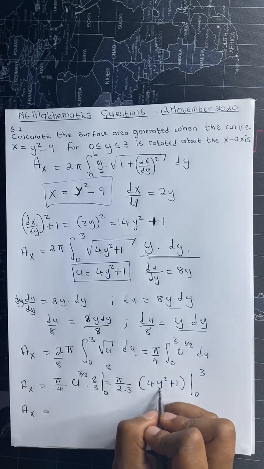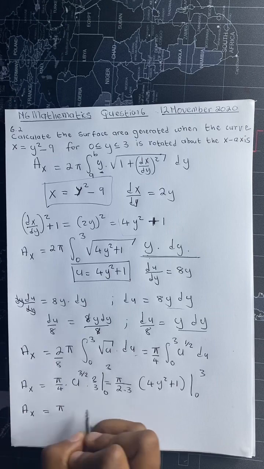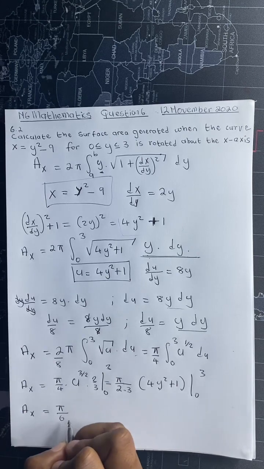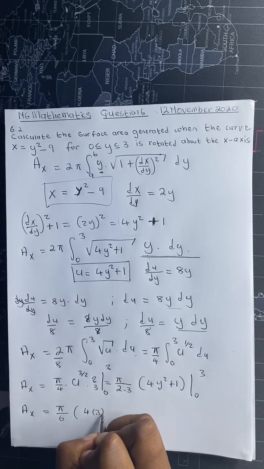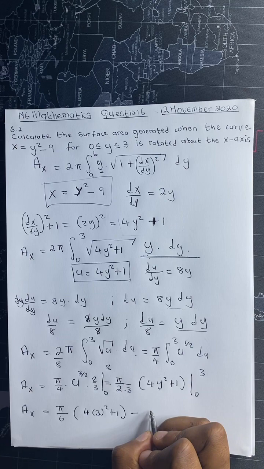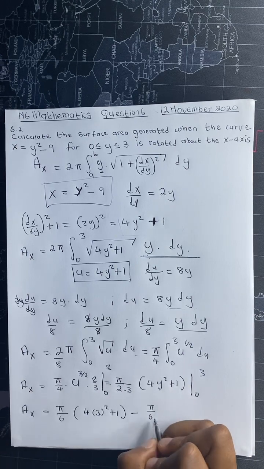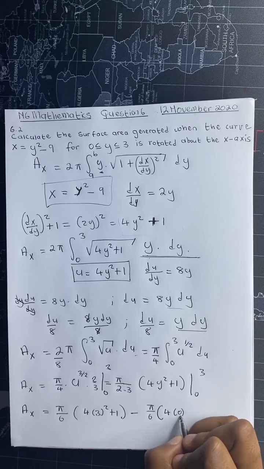So in the place of this y, we substitute that 3. So this will be 2 multiplied by 3 will be 6. And in the place of this y, like I said, we substitute the 3. And in the place of y, now we substitute the 0.